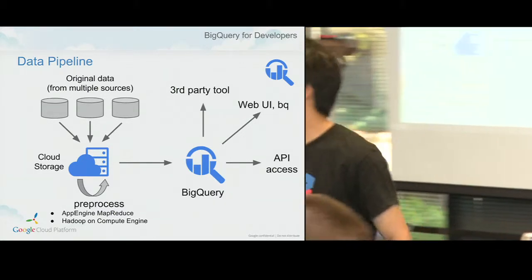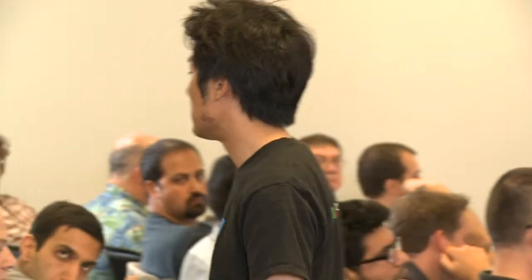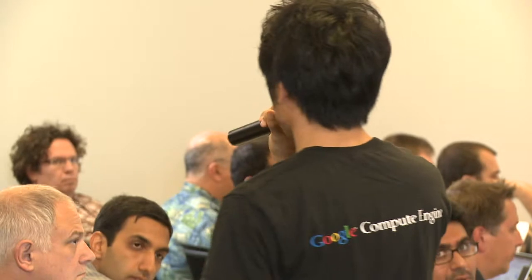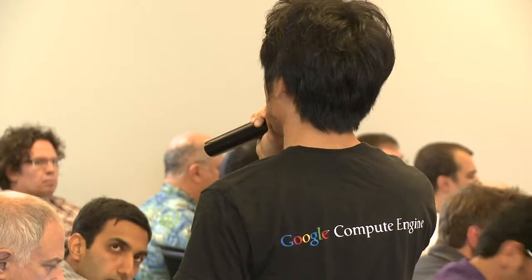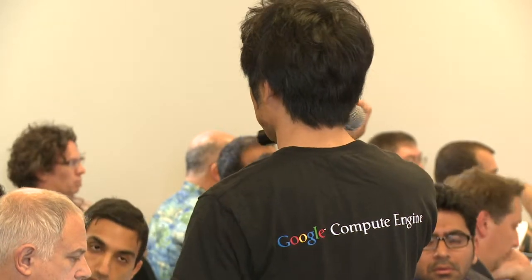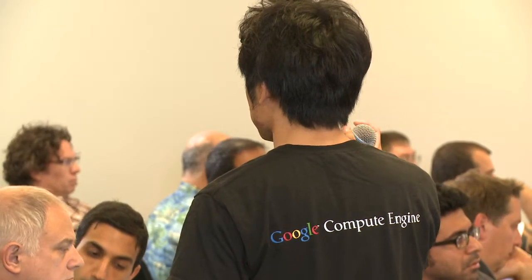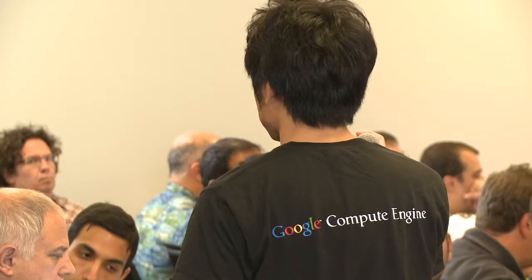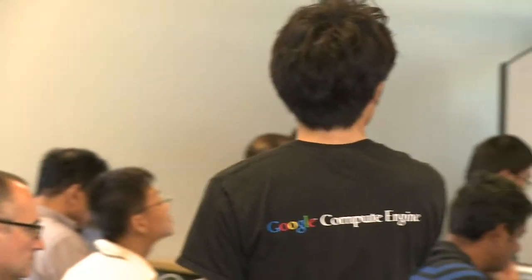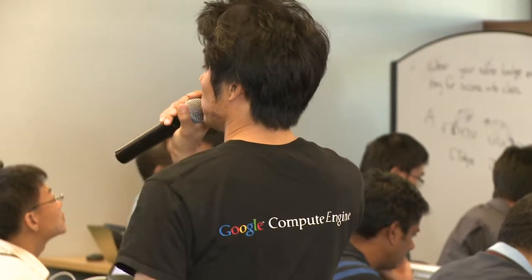So the question, I think, is whether we do that. Do you mean our team, or Google? Yes and no. The question is how the relationship is with our Google products.